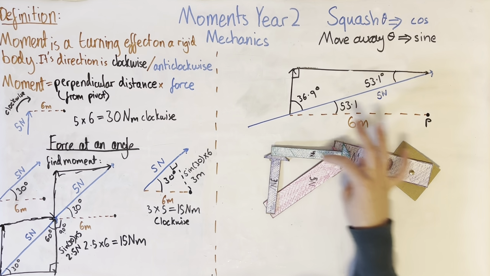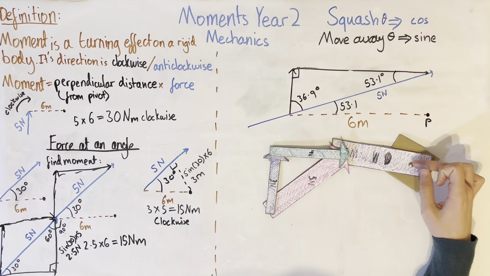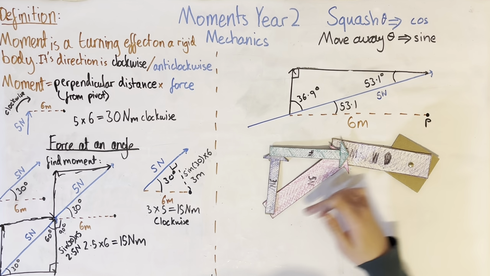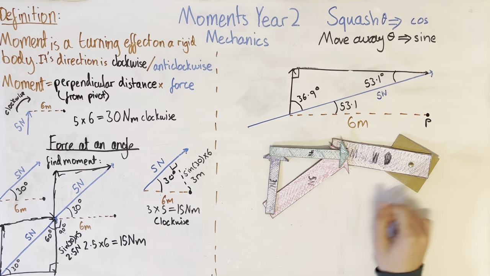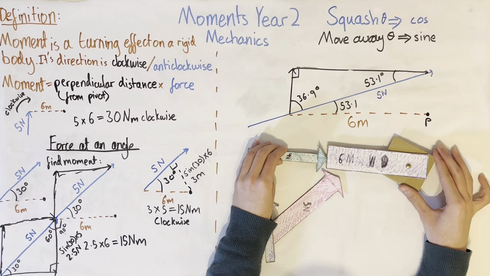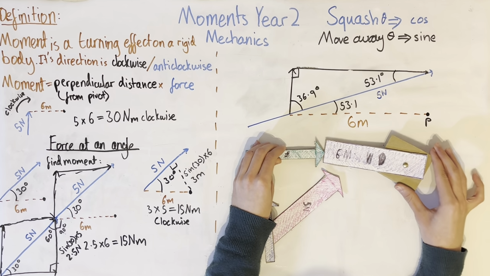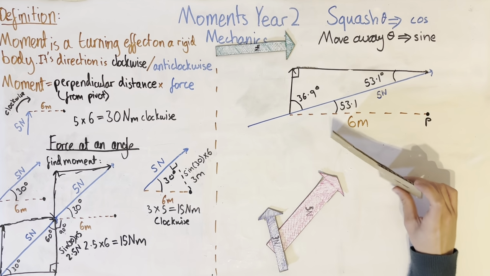We know that the 4 newtons is going into the pivot. There's no perpendicular distance, and the line of action is in line with the pivot. And look what happens when I do something to the pivot like this. Nothing happens. It just stays still. So this 4 newtons, we can just ignore, right?